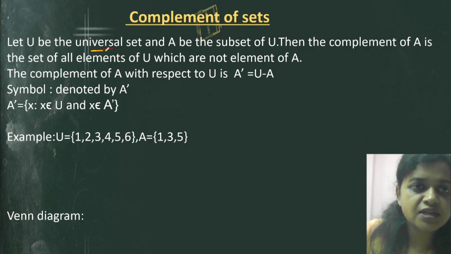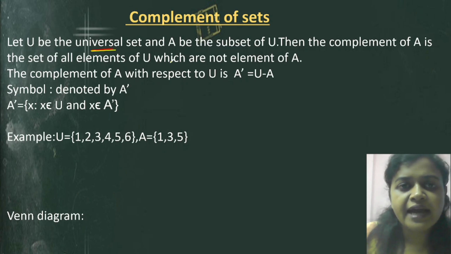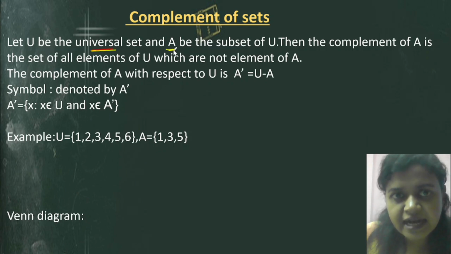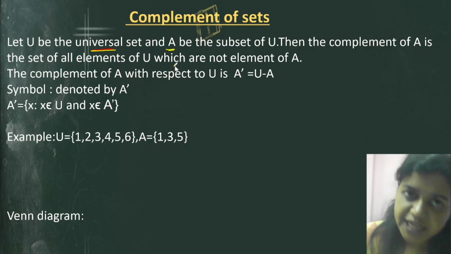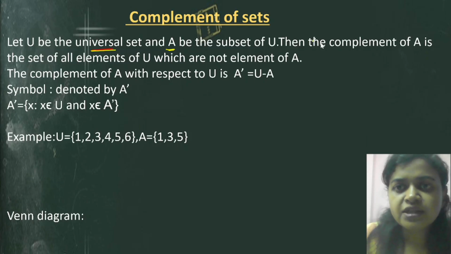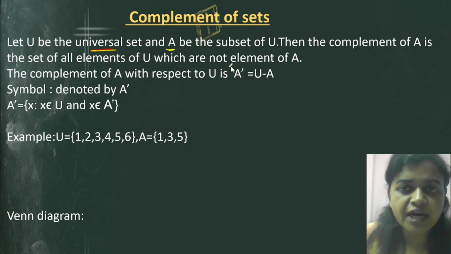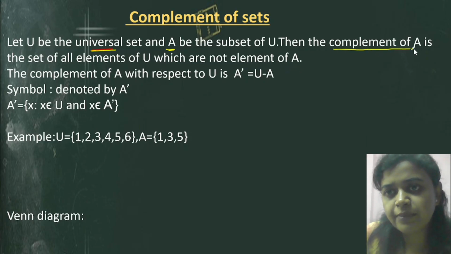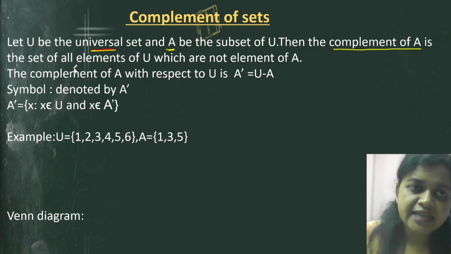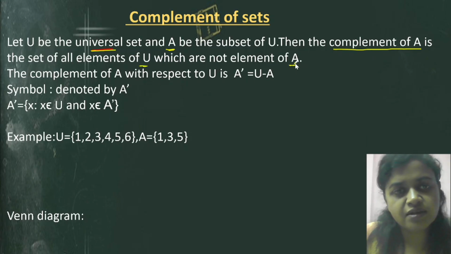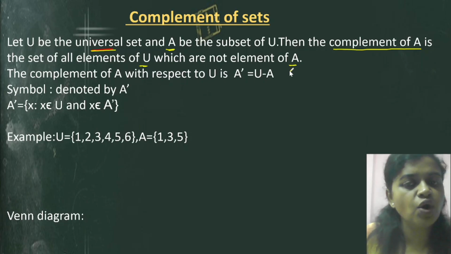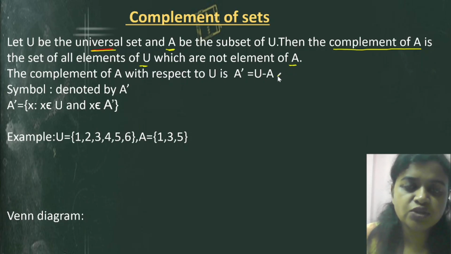So this is the universal set, and A is another set that is a subset of U. Then the complement of A is the set of all elements of U which are not elements of A. Complement of A means what? The set of elements which belong to U but do not belong to A. This is called the complement of a set.